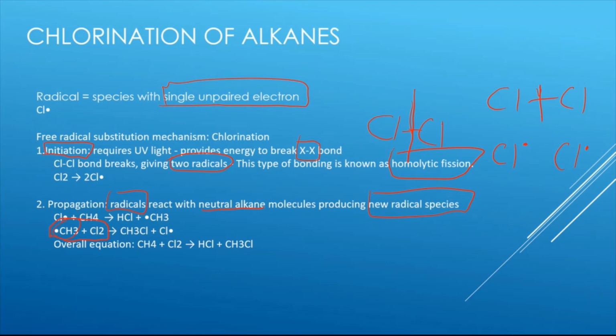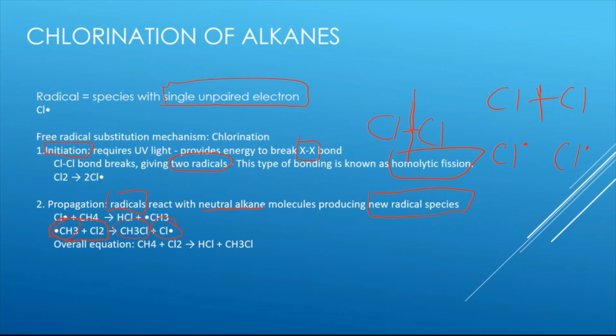So the carbon has reacted with the chlorine and formed CH3Cl, and now the chlorine becomes a radical because the chlorine molecule has reacted. Only one chlorine has reacted with the methyl radical. That's why one is left with an unpaired electron.